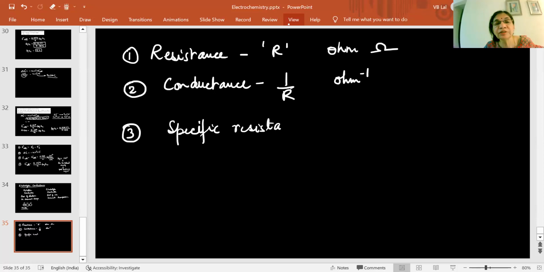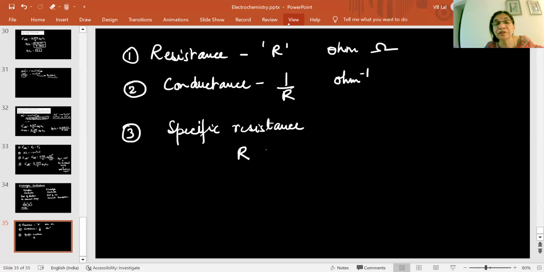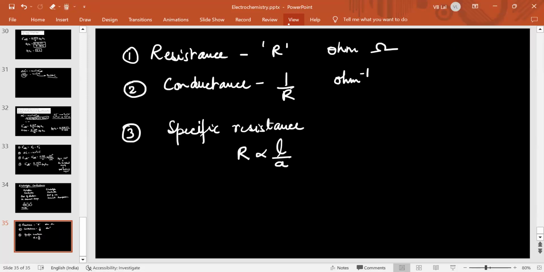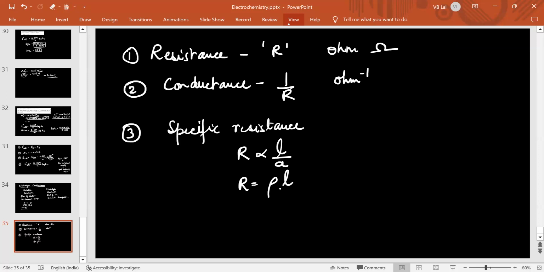What is specific resistance? First you say resistance is directly proportional to the length of the conductor and inversely proportional to the area of its cross section. You agree? So if I remove this sign, then R is equal to rho L by A. What is rho?